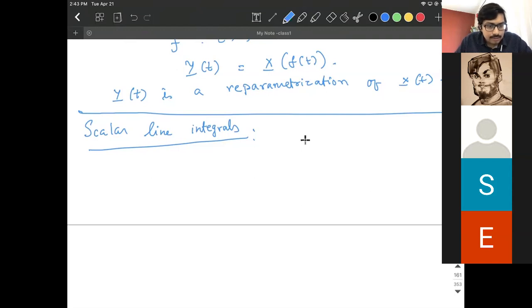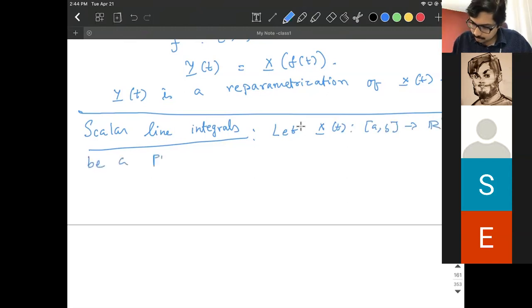Exactly. So the correct statement will be that the scalar line integral will not change. Yes, as some of you have answered already. So let me state this as a fact. We need some technical conditions.